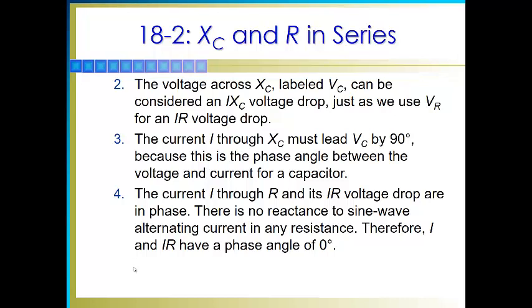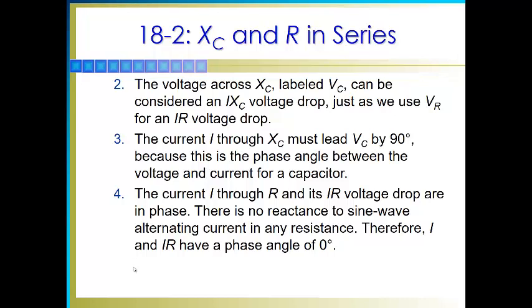Point number 4 is that the current I through the resistor R, times the resistance, is the voltage drop on the resistor. And this voltage is always in phase with the current, because there is no reactance in resistors, okay?